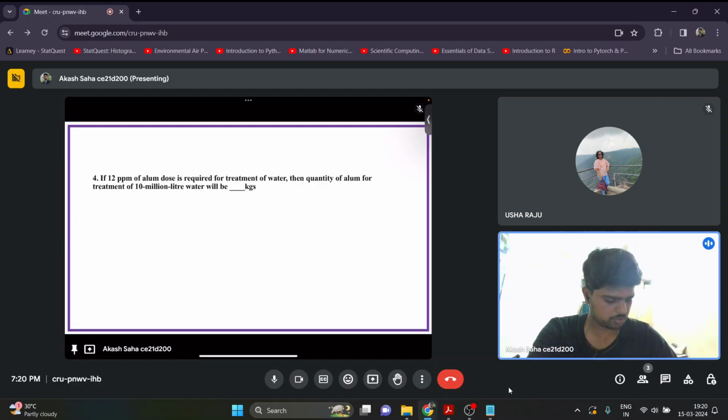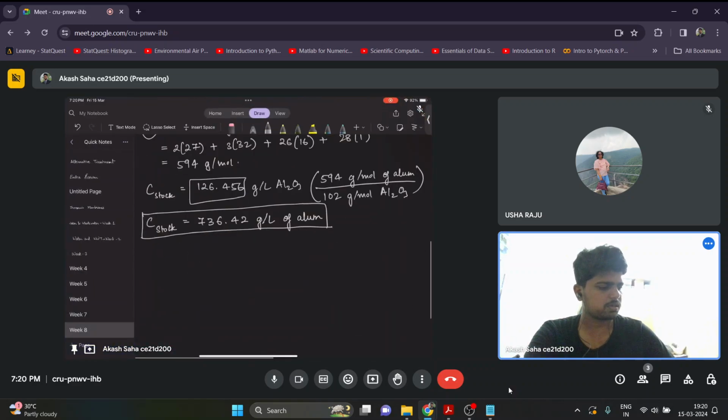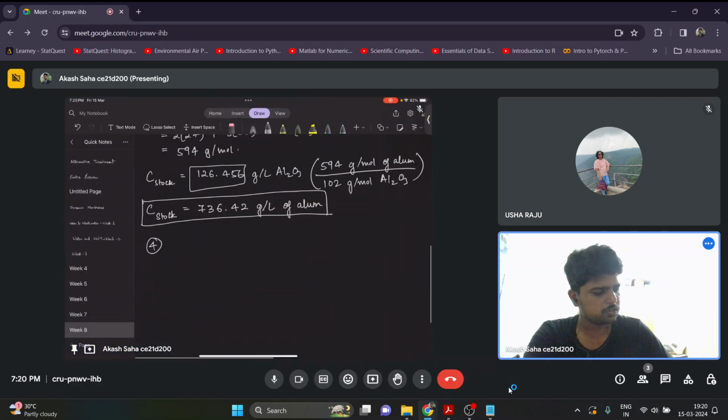Okay, so we'll see how to solve this. It's a very direct problem. The dose is given as 12 ppm, or we can say 12 milligram per liter.